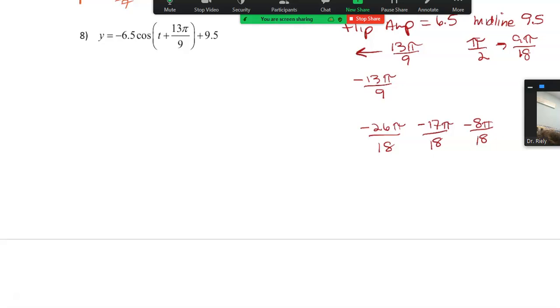Then I have a 1 pi over 18, and add another 9 to it, a 10 pi over 18. Okay, I'm going to reduce every other angle. So this is negative 13 pi over 9. This one's okay. This is negative 4 pi over 9. And the last one is 5 pi over 9.